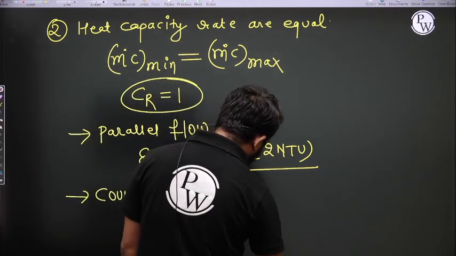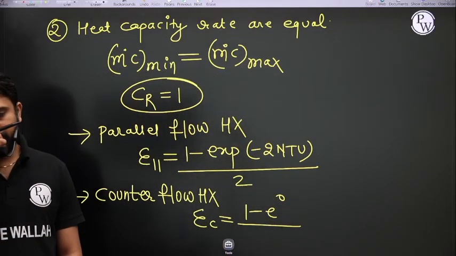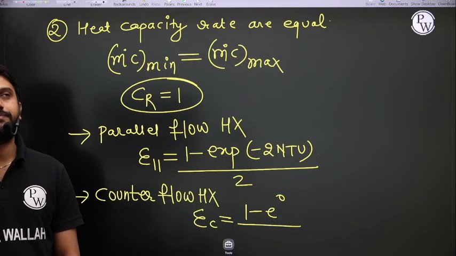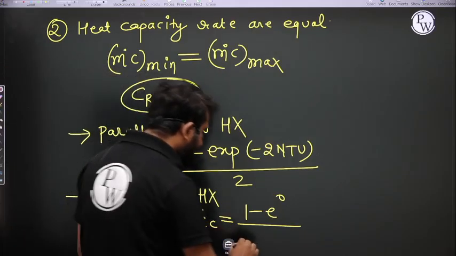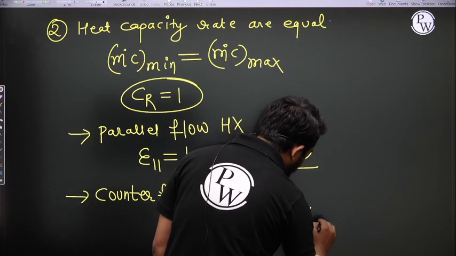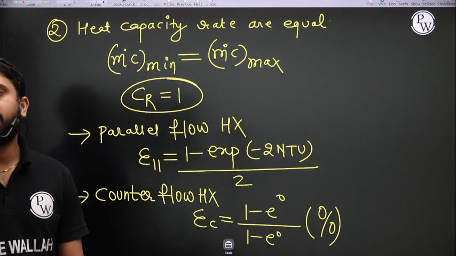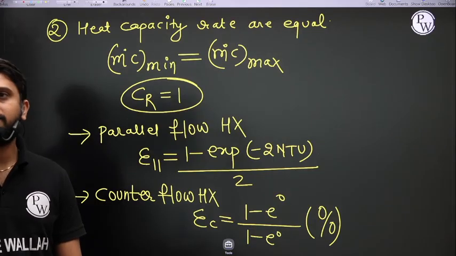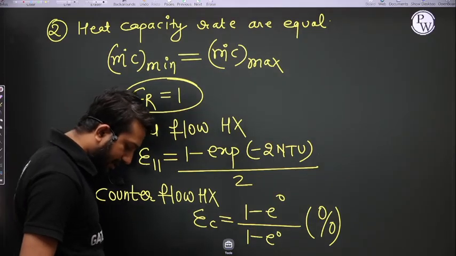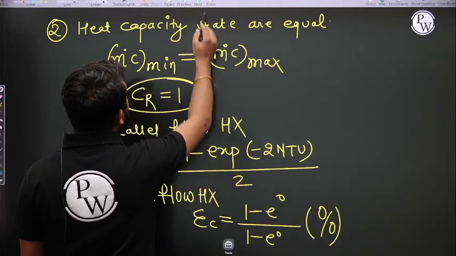And in the denominator, 1 minus CR, with CR value 1, so again 1 minus e to the power 0. So 1 minus 1 upon 1 minus 1, it is a 0 by 0 form. If it is 0 by 0 form, then it is an indeterminate form.